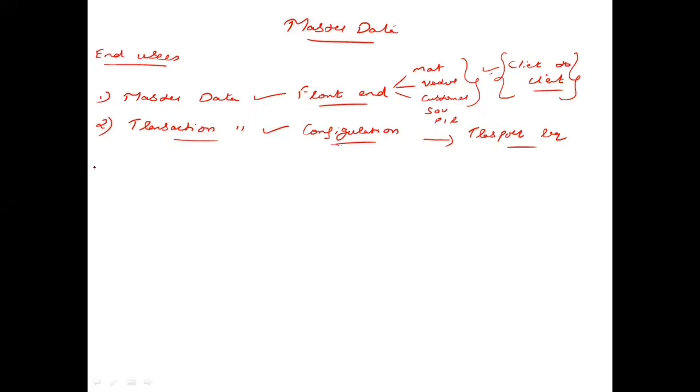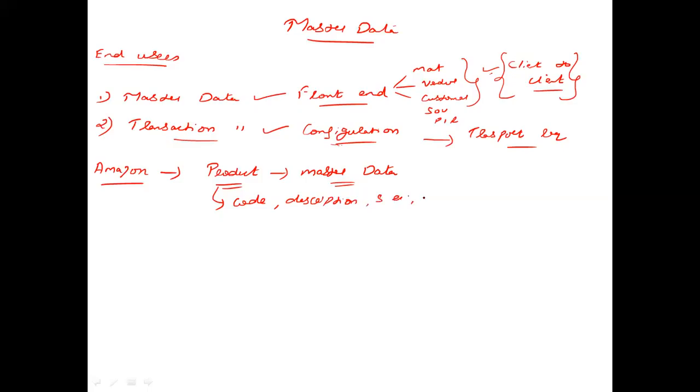Now, take the example of Amazon. Whenever you log into Amazon, you see the products. This product is your master data. When you open the product, you see the product code, the description, the specification of the material, and the price of the material.